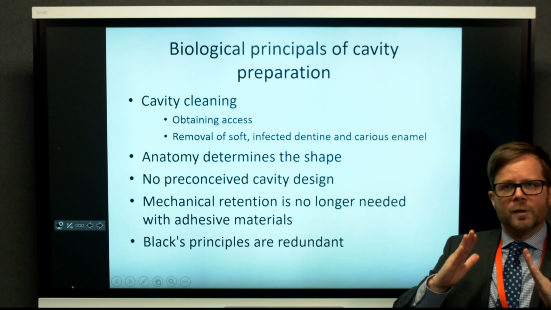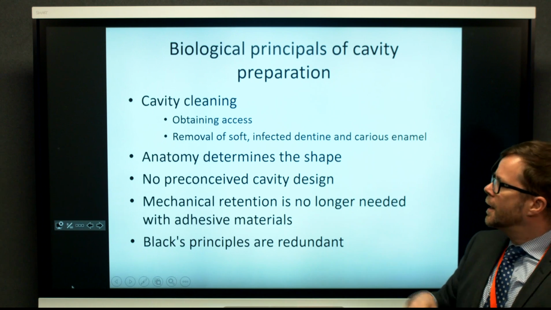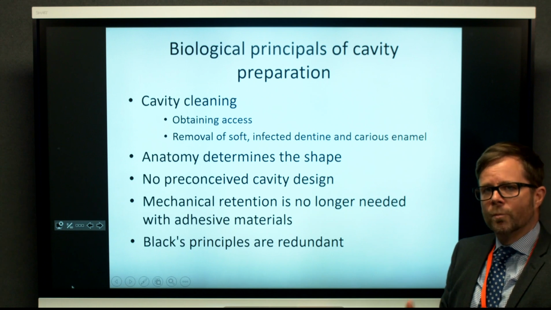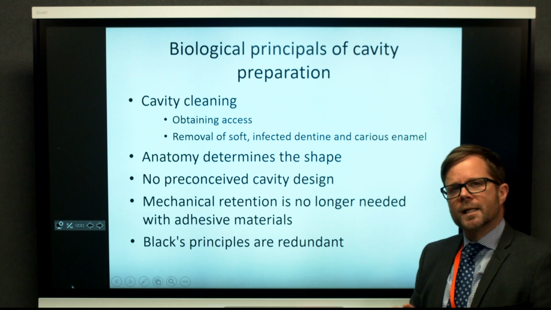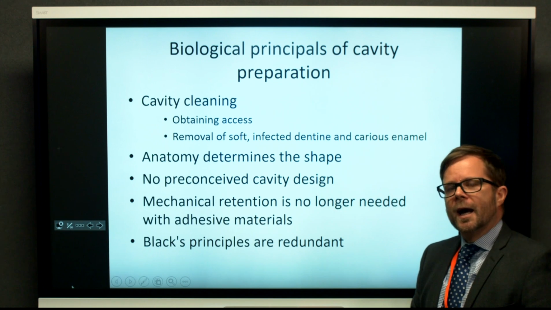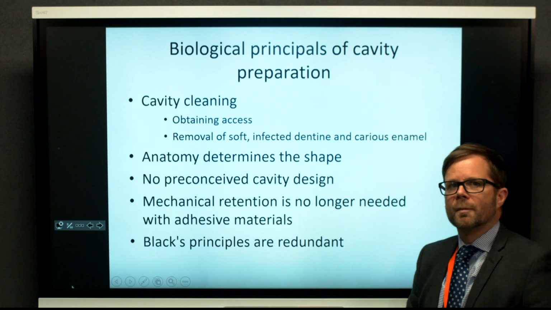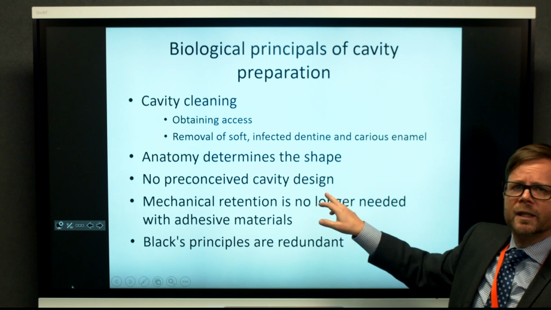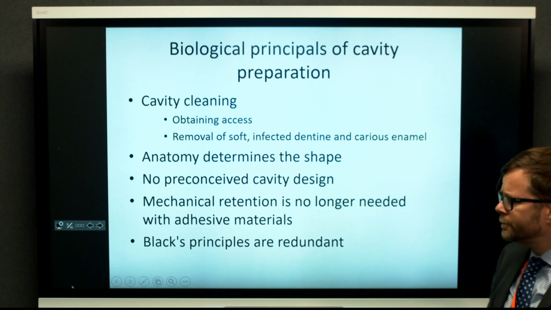We're no longer governed by geometrical shapes as G.V. Black was. In fact, the anatomy of our cavity, what it looks like after we've prepared it and before we restore it, is determined by the anatomy of the lesion itself rather than a predefined geometric shape. So there is no preconceived cavity design or shape that we're trying to create.